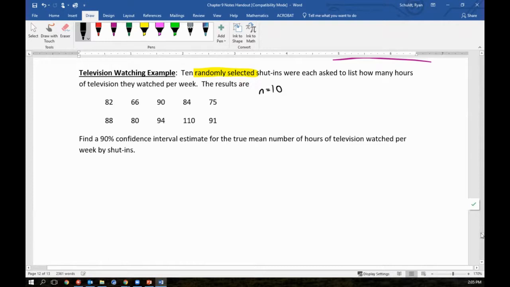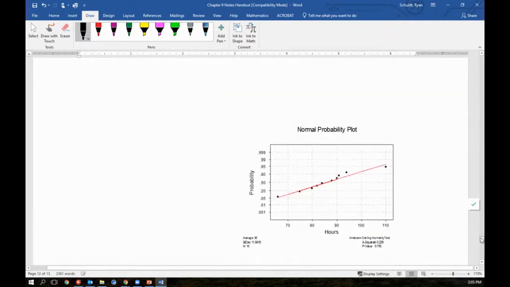So what we need to do, look down here on our chart. So what do we notice about our chart here? Is it approximately linear? What can we assume? Yep. So the normal probability plot is approximately linear.